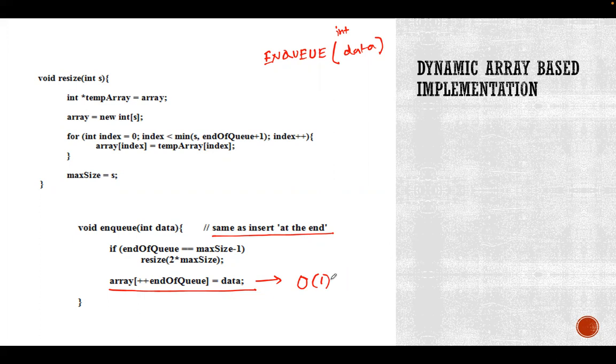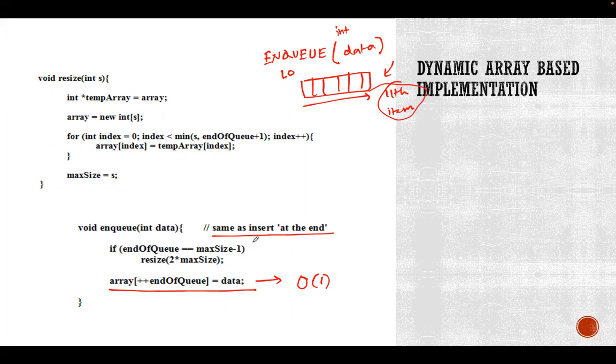Let's say we have a queue with maximum size 10, and we already have 10 items in the queue. Now we are trying to insert the 11th item. We do not want our list to say that it cannot insert any more items. We want to have this flexibility.